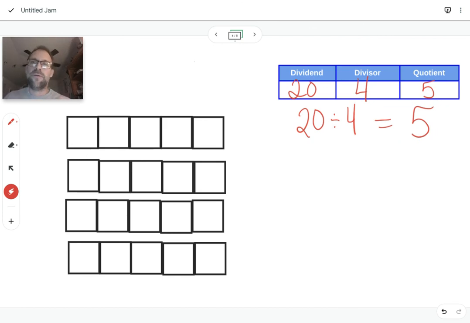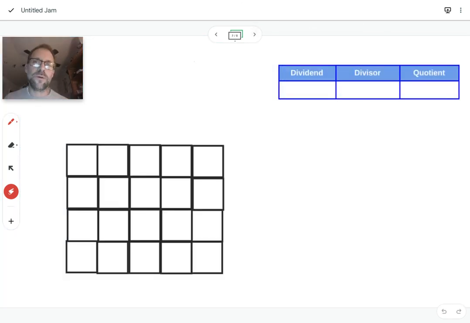Now, is there another division equation we could create if we start with the same dividend? I think there is. Let's see if we can figure it out. Go ahead and write the division equation you think we could use to divide this amount into another size equal group.